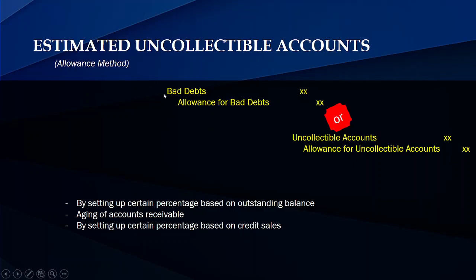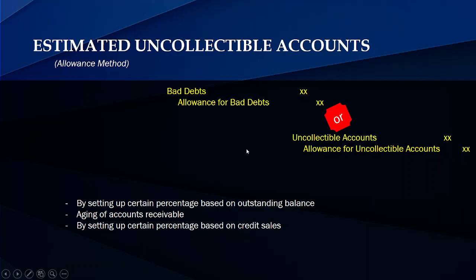We debit bad debts, we credit allowance for bad debts, or alternatively, we can have this account title. Uncollectible accounts is the same as bad debts, and we credit allowance for uncollectible accounts. Alright, so these are our pro forma entries. Other textbooks say that doubtful accounts can also be used here. So therefore, we will credit allowance for doubtful accounts.